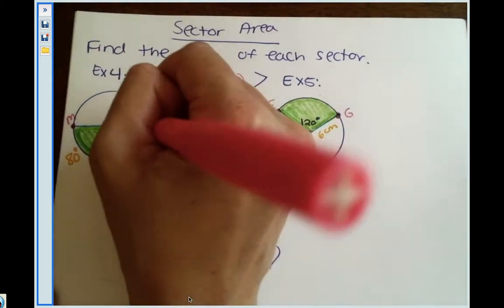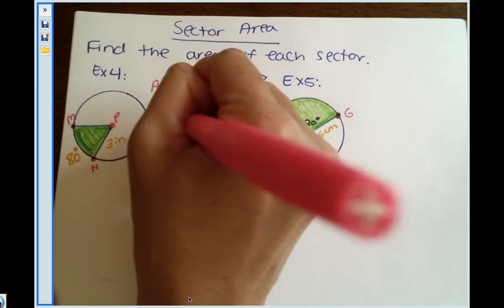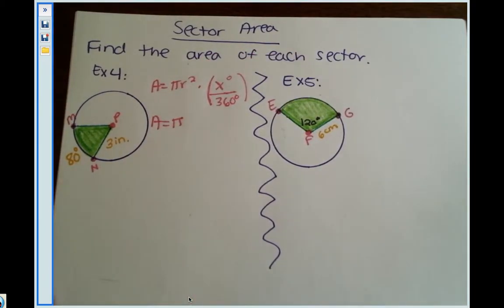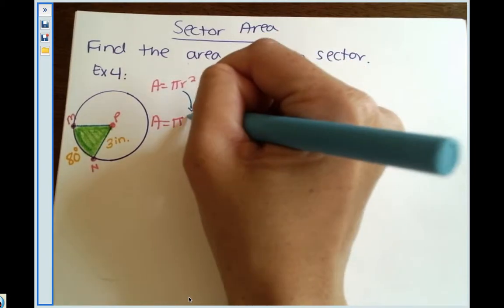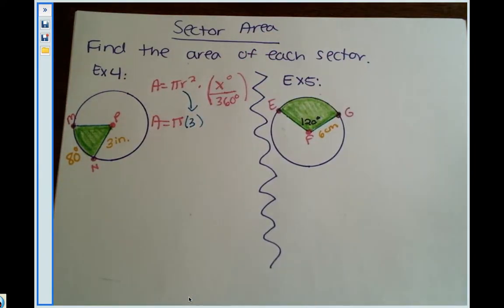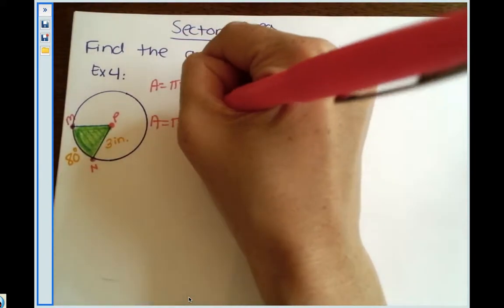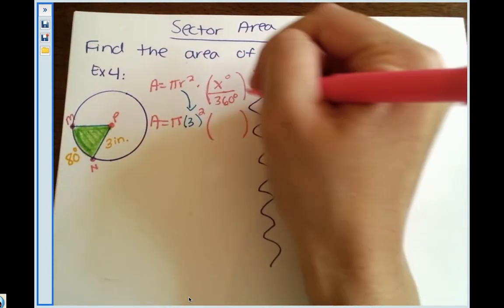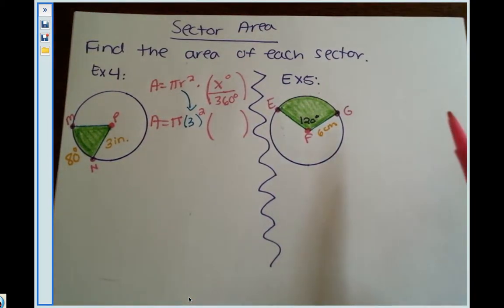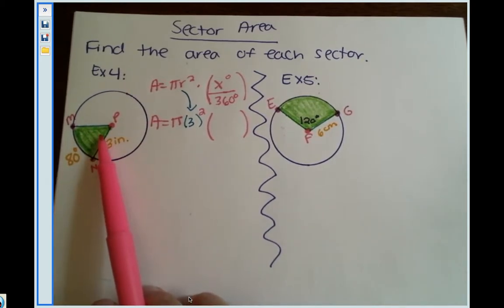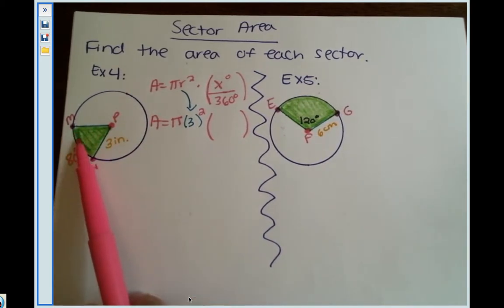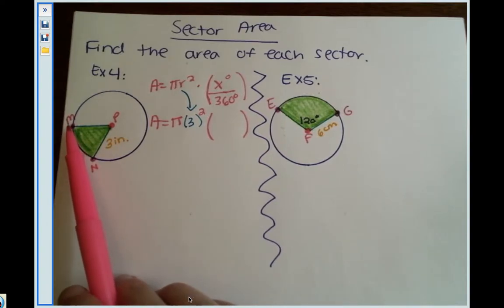So area equals pi. Now, what is the radius of the circle in my picture? Well, the radius is this right here. So the radius is 3, so it's 3 squared times x, the degree of the central angle, which I don't have, but the central angle is equal to its intercepted arc, which is arc MN.